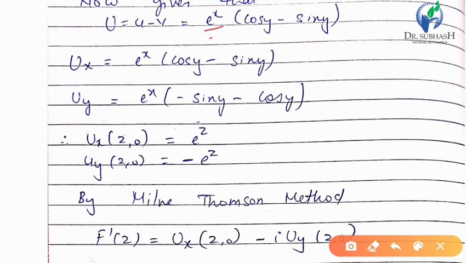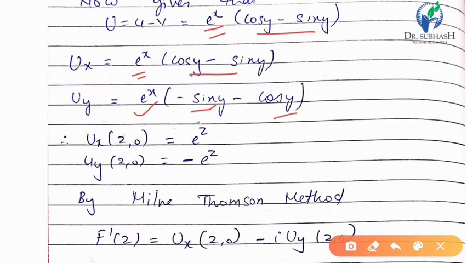So differentiation of e raised to x will be e raised to x, and the rest of the term will be as it is. Now Uy will be equal to e raised to x as it is, differentiation of cos will be minus sin, and differentiation of sin will be cos y.